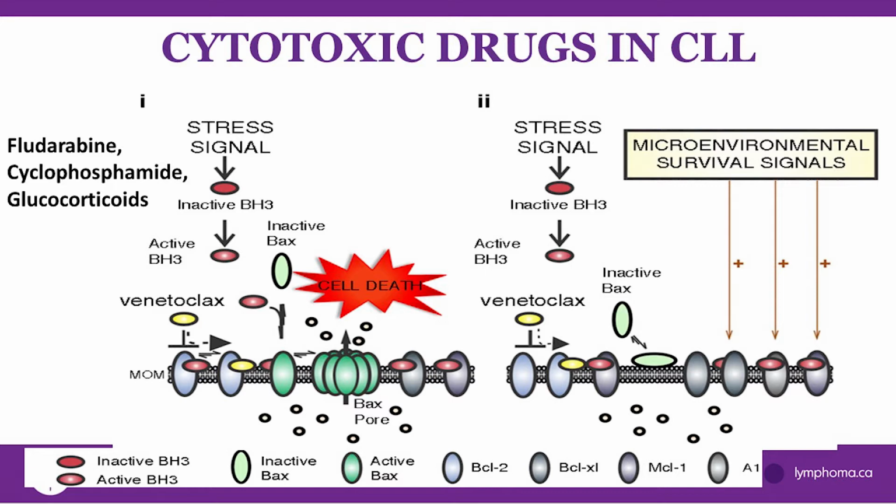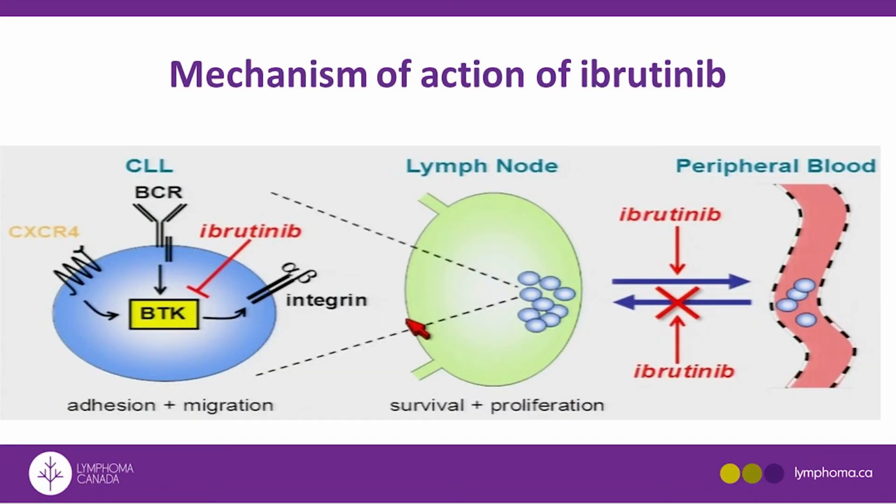In the microenvironment where the CLL cells grow, and where they receive the signals which tell them to grow, these microenvironmental signals actually upregulate these proteins, and they can take over the function of BCL2, and so then venetoclax can't kill such cells. And so always when you treat with venetoclax, you're left behind with these types of cells that will eventually grow out.